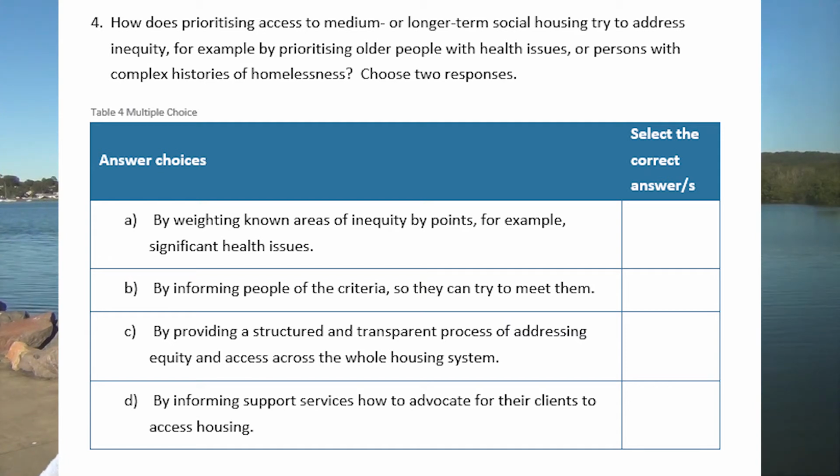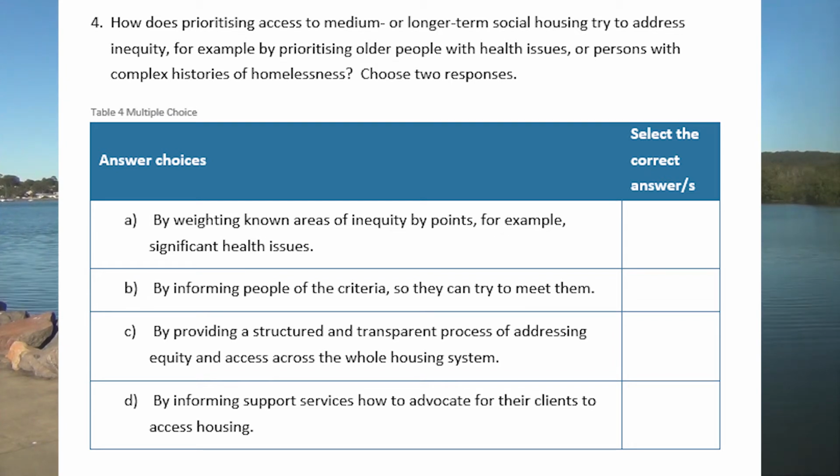So they're saying A, by weighting known areas of inequity by points, for example, significant health issues. So there must be a point system to prioritise people, whether disability, disadvantage, etc. So point system, and so that's the provided answer.